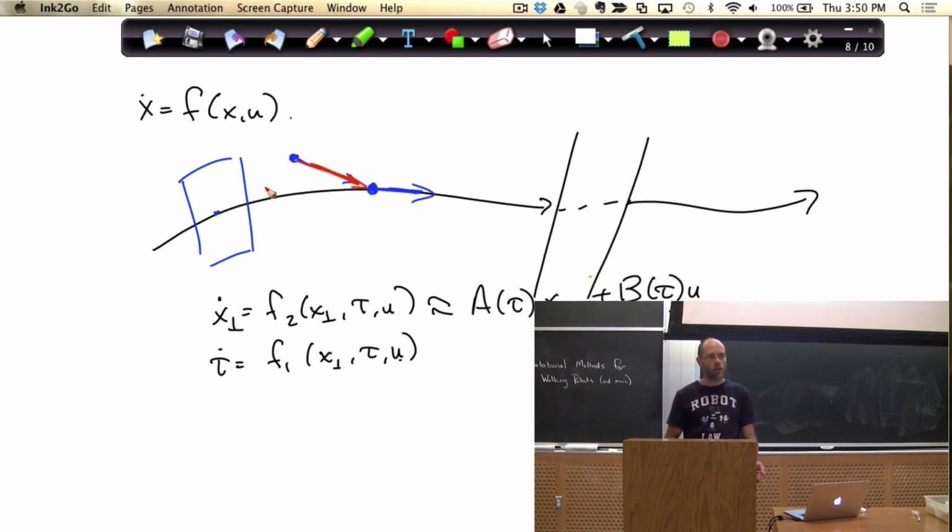And it can be really hard to generate controllers that can catch up with time, especially if you're an underactuated system. In practice, the gains of the controllers that you get out of a TVLQR can be high because it's trying very hard to do something off the trajectory that it maybe could only do on the trajectory, catch up in time.